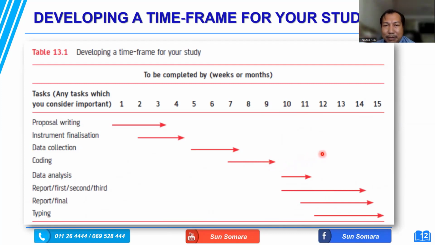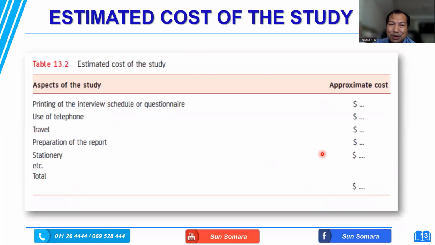Let's move to the last one, costing. Why do you need to deal with money? Money or budget estimate, or estimated cost of the study: aspect of the study and approximate cost. For example, printing the interview schedule or questionnaire, how much?